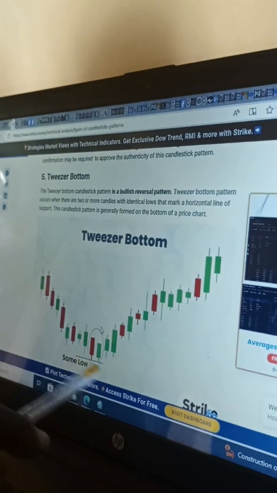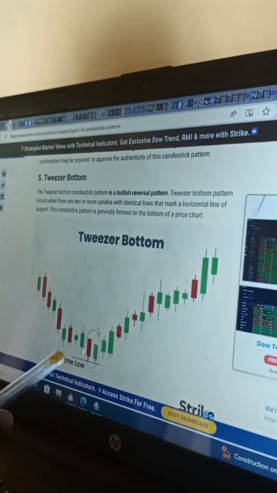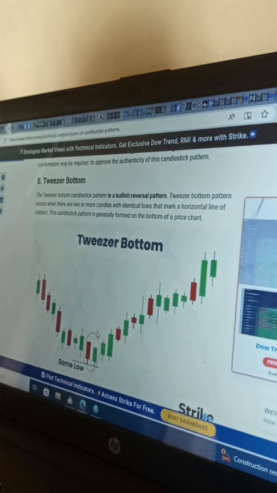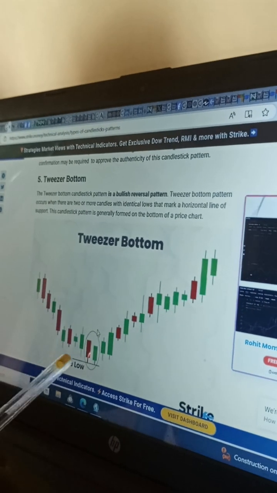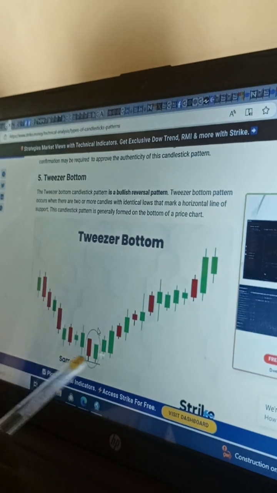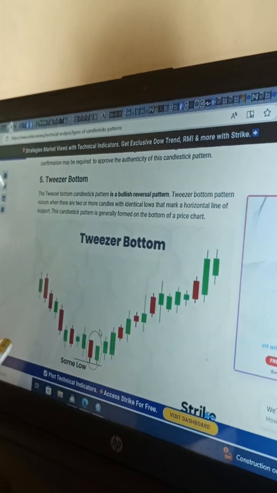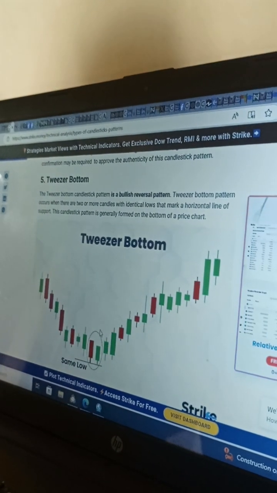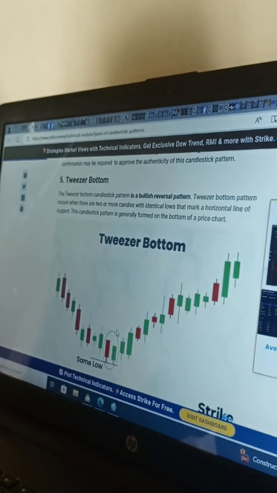Because we have support and we have resistance, these two lows can form a support level. Once you see this setup, you know that the trend is about to reverse and move into an uptrend. So that's it for the tweezer bottom.